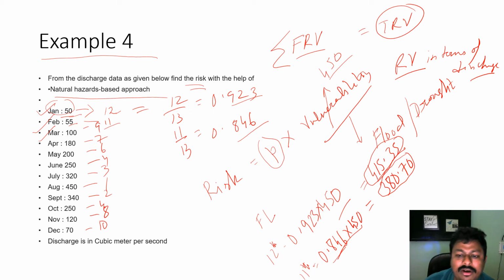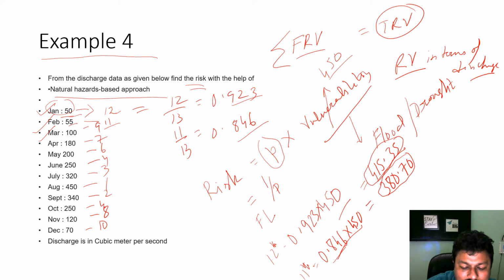So that is why, instead of using the probability, we use the inverse value of the probability. That means we use the return period. So what is the return period of this January discharge?